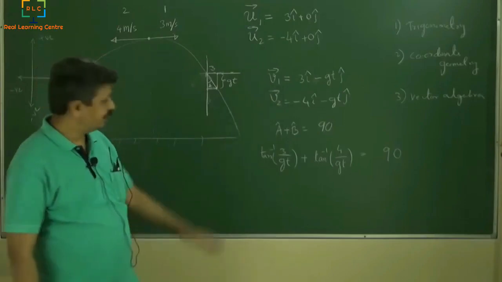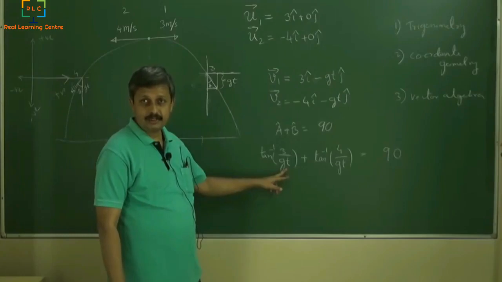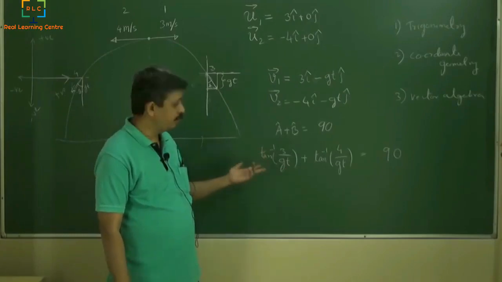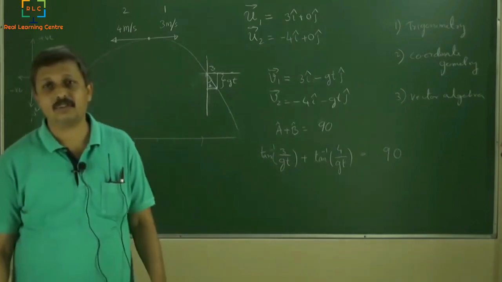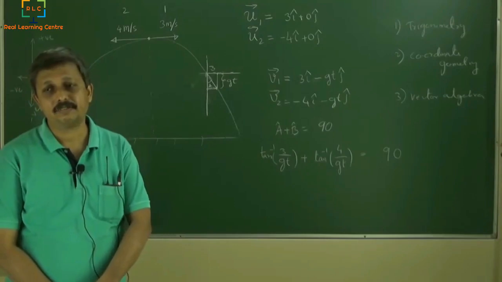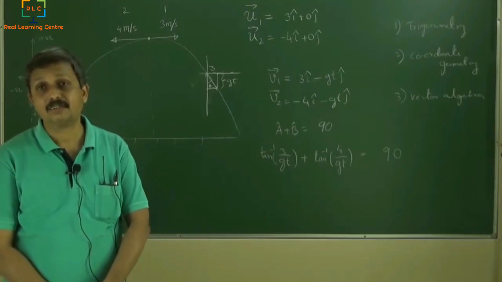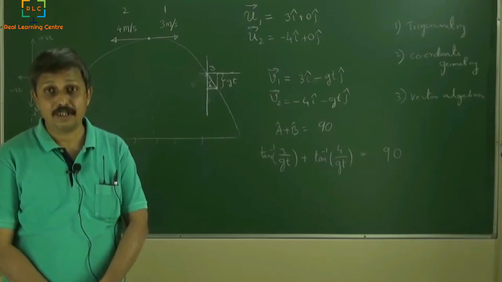What do we have to do? This is a single equation with t being the single variable. So we can actually solve it for t and then we will come to know at what time it is 90 degrees. Very hard, no? So this requires trigonometry.